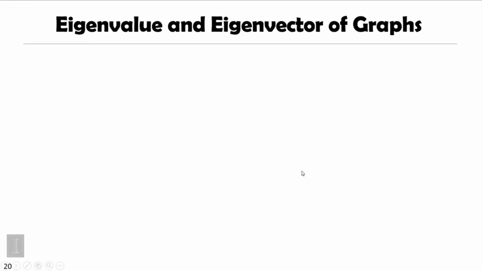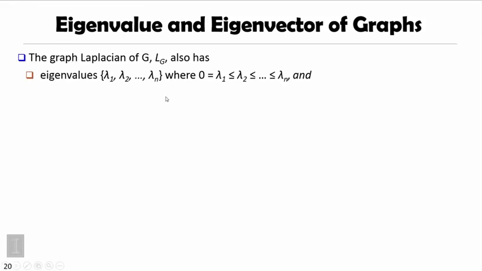Then the eigenvalues and eigenvectors of the graph Laplacian of G are calculated for this graph. Essentially, you get lambda 1, lambda 2 to lambda n, and we can sort them in this order.